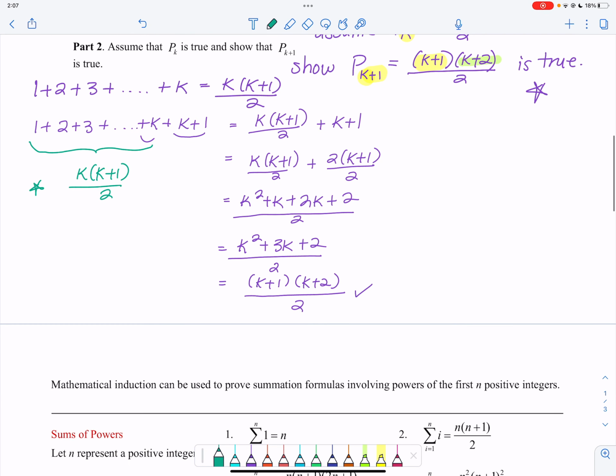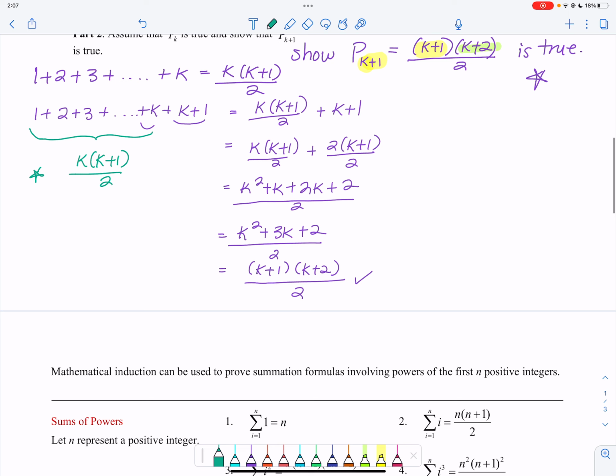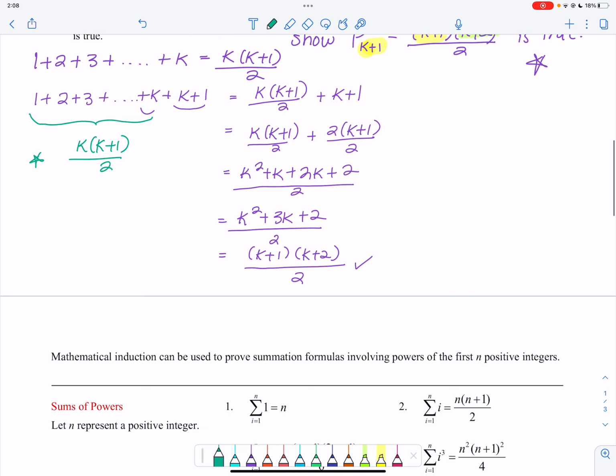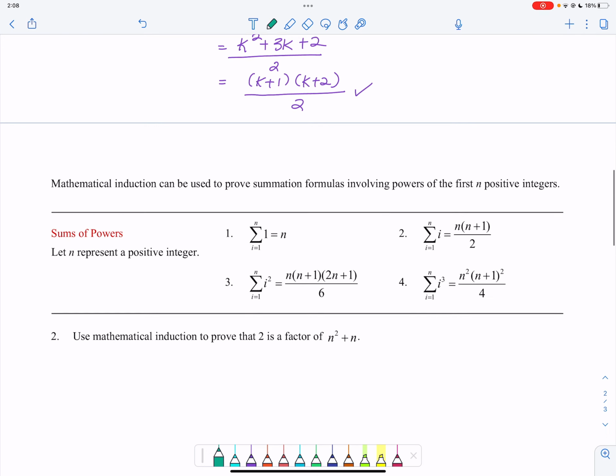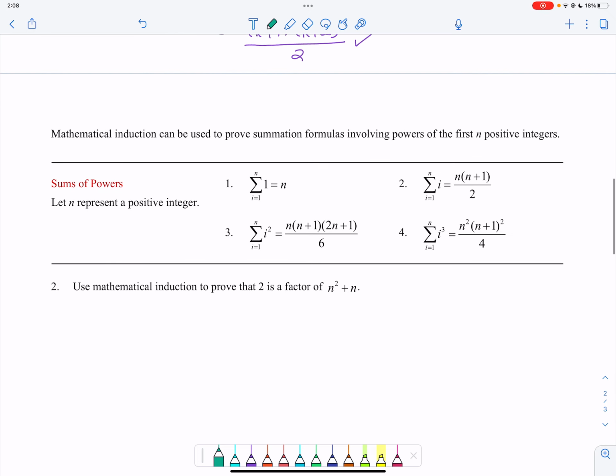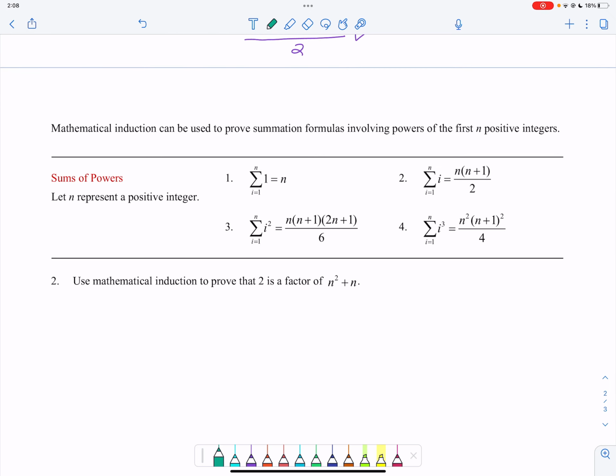Okay, so mathematical induction can be used to prove summation formulas involving powers of the first n positive integers. So we have some sums of powers shown here. This is 1 added to itself n times, and we end up with n.